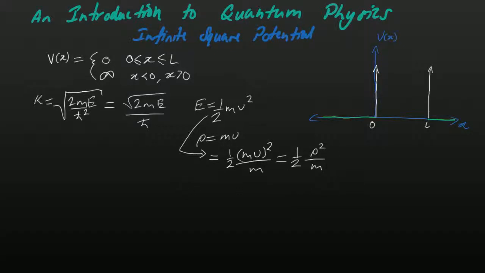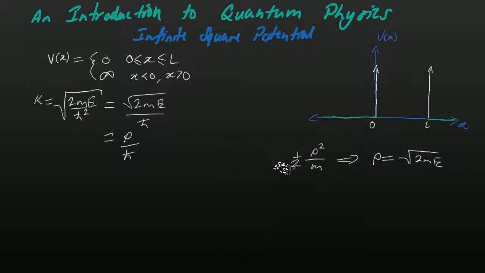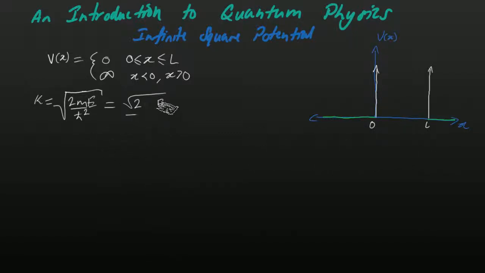Now we can rearrange this to find something similar to this. So rho equals the square root of 2mE. Oh, what do you know? So then this equals rho on h bar. That's a very important equation. It helps describe the dispersion of a wave in quantum physics. Anyway, that's not important at the moment.